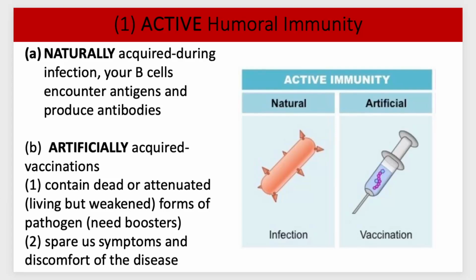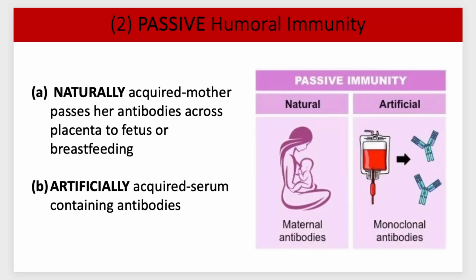It was just from exposure to a weakened form of something that wouldn't be a natural encounter. And then for the passive humoral immunity, for naturally acquired, again, the mother passes it to her child through the placenta. So they didn't make their own antibodies, they received them passively. And then artificially would be they were given a shot of those antibodies, and here they have the monoclonal antibodies.